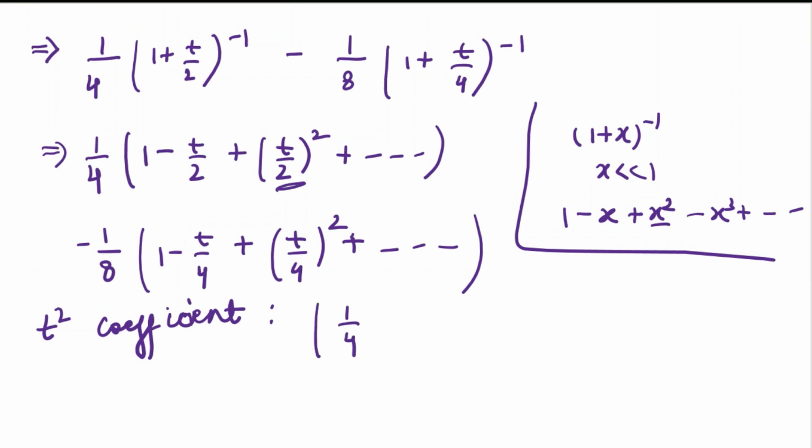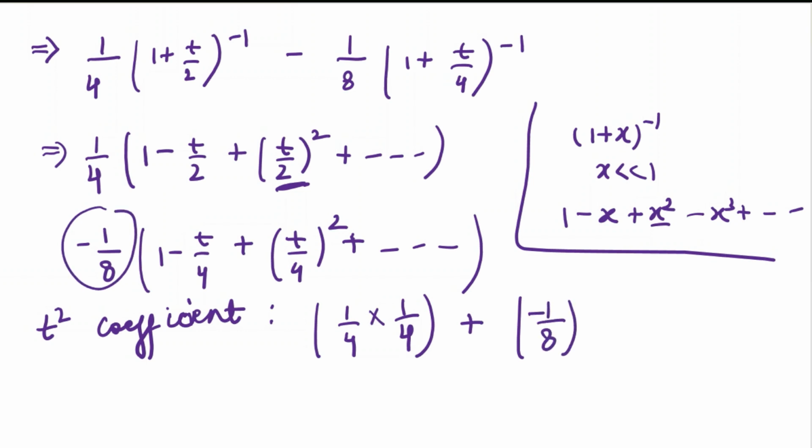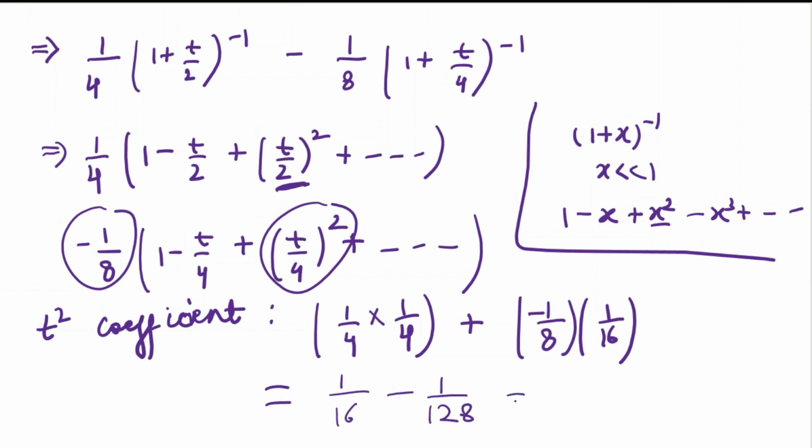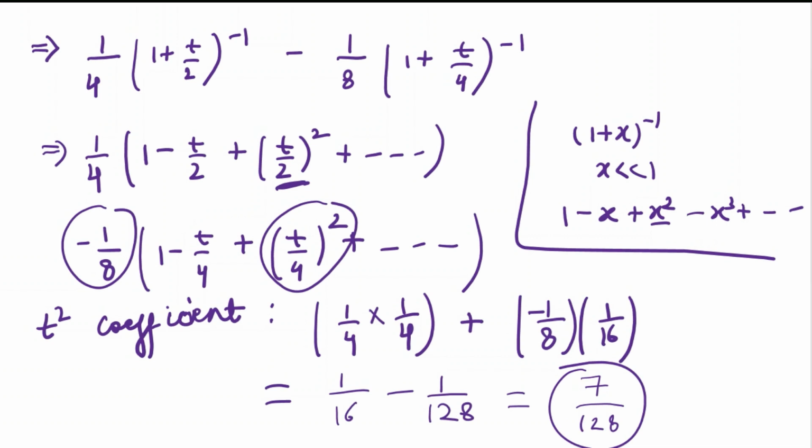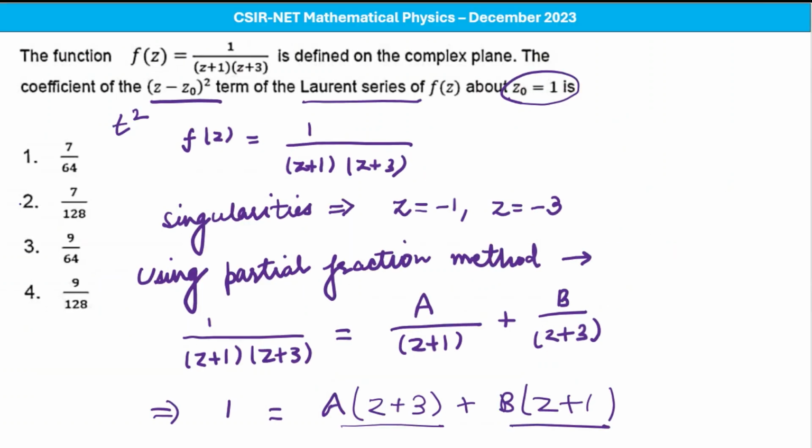One by 4, and here there is one more 1 by 4, plus here we have minus 1 upon 8, and here we have 1 upon 16. So calculate it. It is 1 upon 16 minus 1 upon 128, and this gives us 7 upon 128. So the answer will be the second option, 7 upon 128.